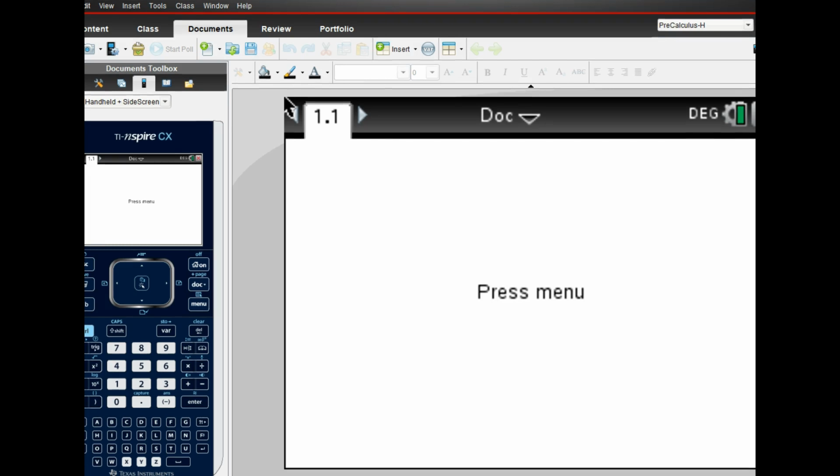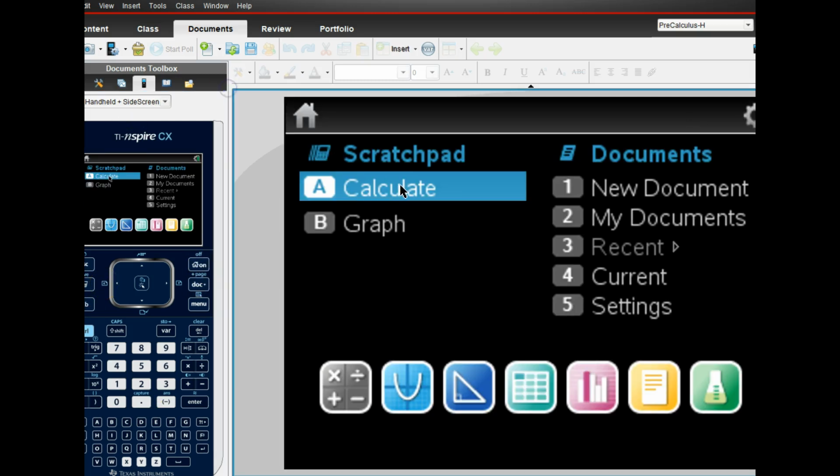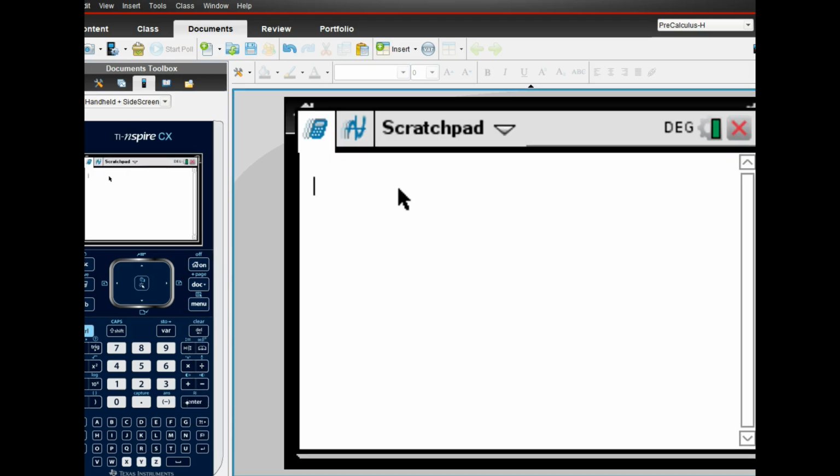Okay. So what I'm trying to do is calculate. Calculate, enter, calculate. Okay, so what was the first thing? I wanted log base. So I have to do control, and then I click where it says 10 to the x, and then I can put in whatever base I want my log to be. So I log base 5 of 50.